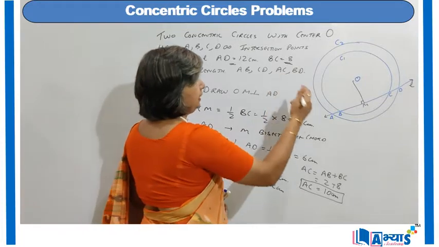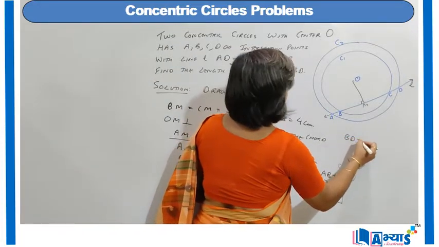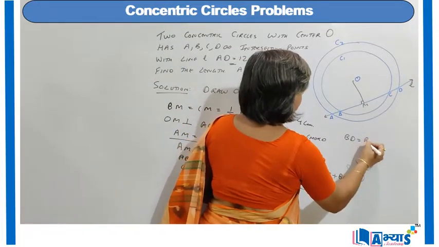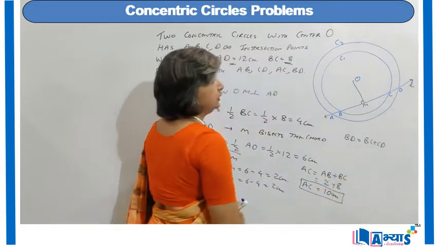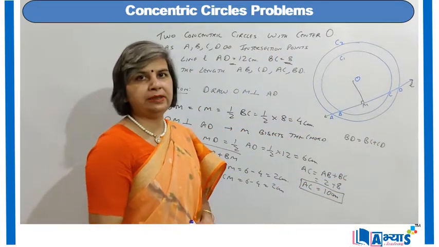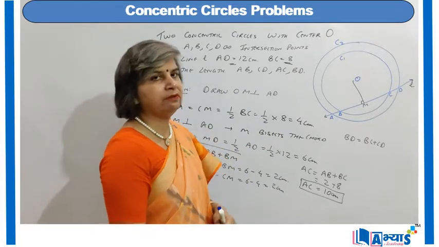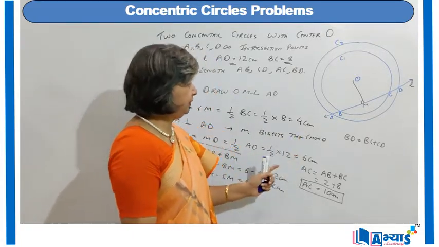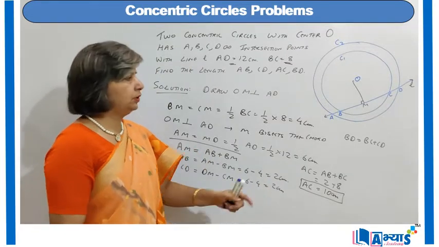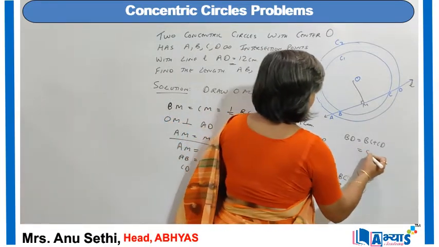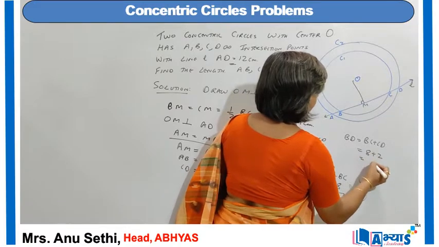Similarly, we can find BD. Now BD is equal to BC plus CD, because C is a point on the line BD. BC has been given as 8 and CD we have calculated as 2. So it will be 8 plus 2, which is equal to 10.